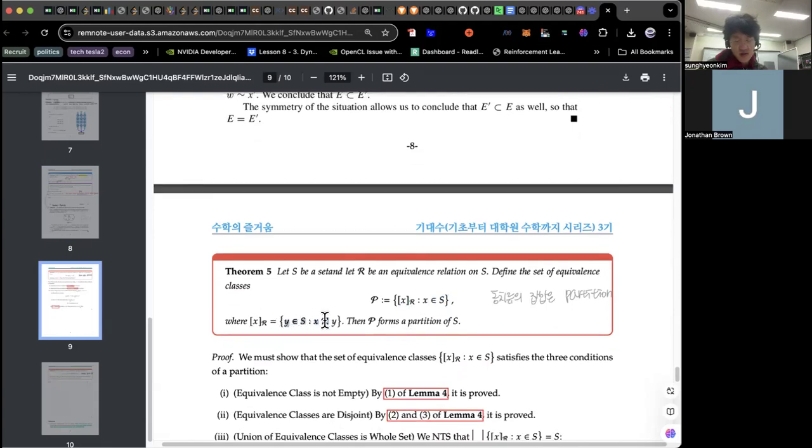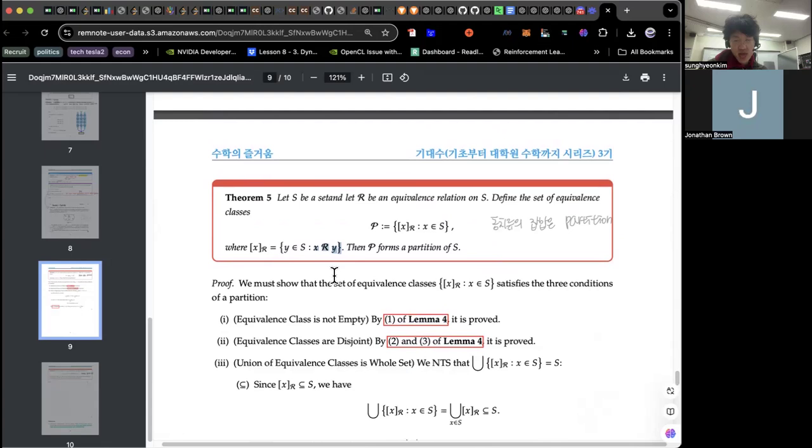Oh, the class of X is defined like this. So we can say X and Y have an equivalence relation.